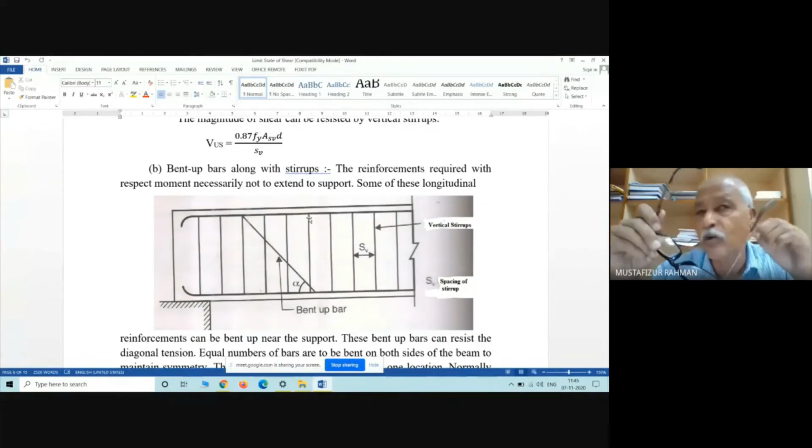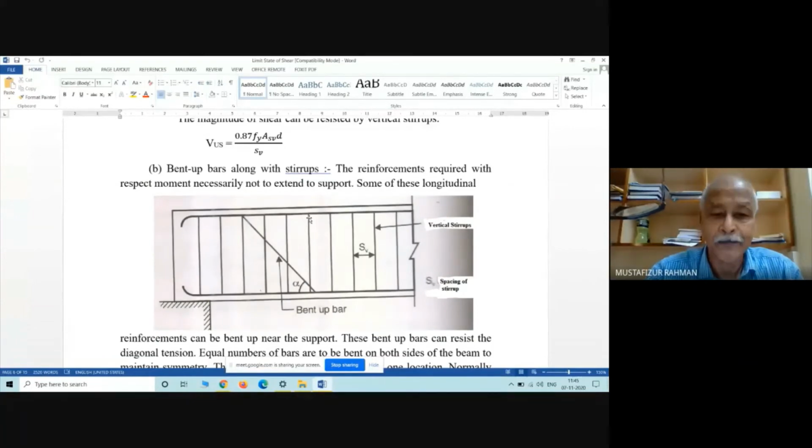In the tension zone, no problem, because it is in tension, whatever the length. Okay, so you have to get these things.